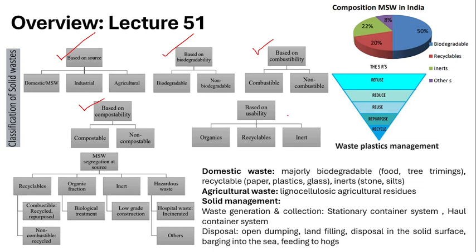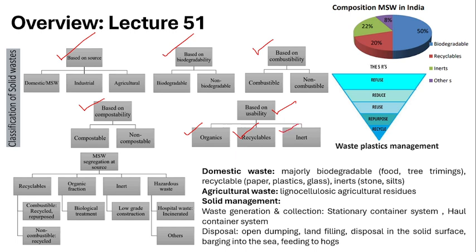And then based on usability, that is, how the waste can be used. It can be classified as organic because of its high organic content, or as recyclable, where we can recycle the product into another usable form, or as an inert product.